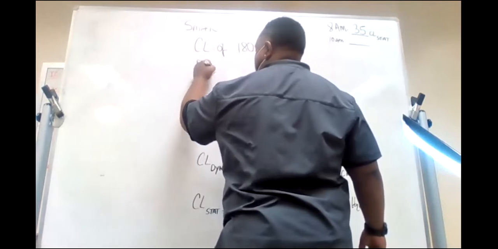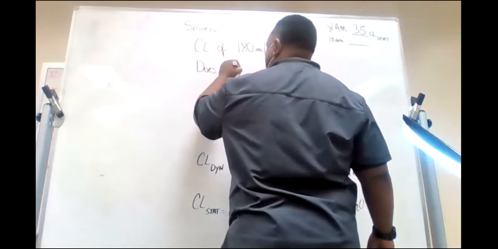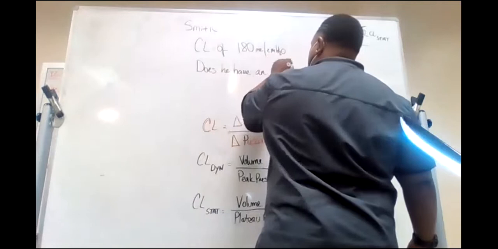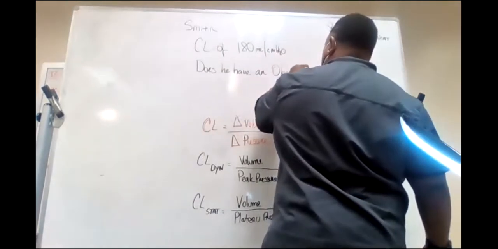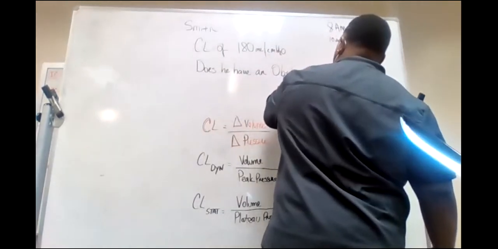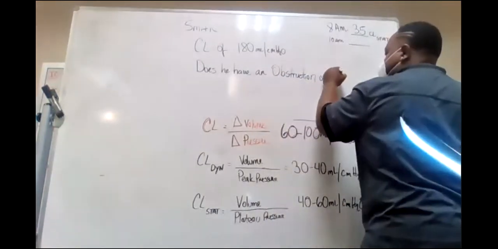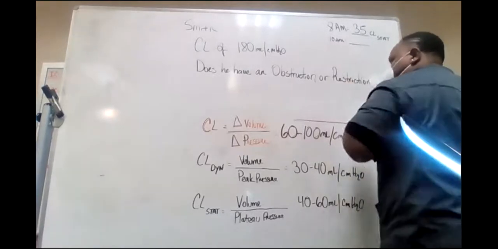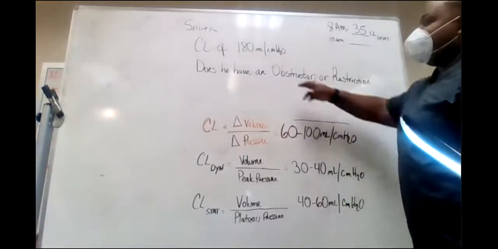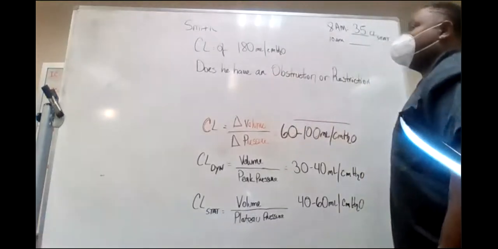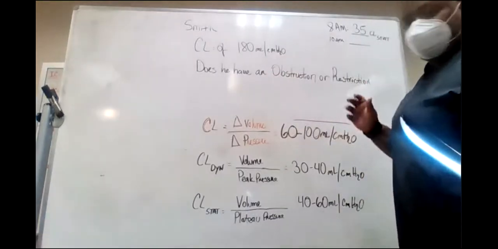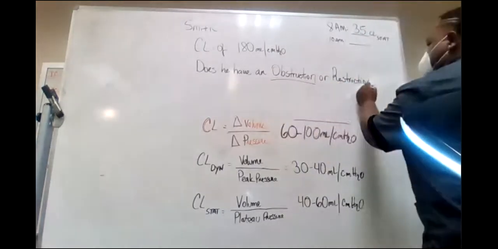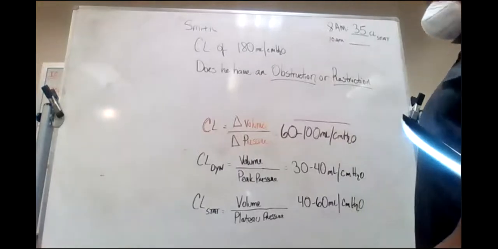Does he have an obstruction or restriction? He has a compliance of 180 milliliters per centimeter of water. I want to know, does Mr. Smith have an obstruction or does he have a restriction? Put it in the chat and then we're going to take a break.